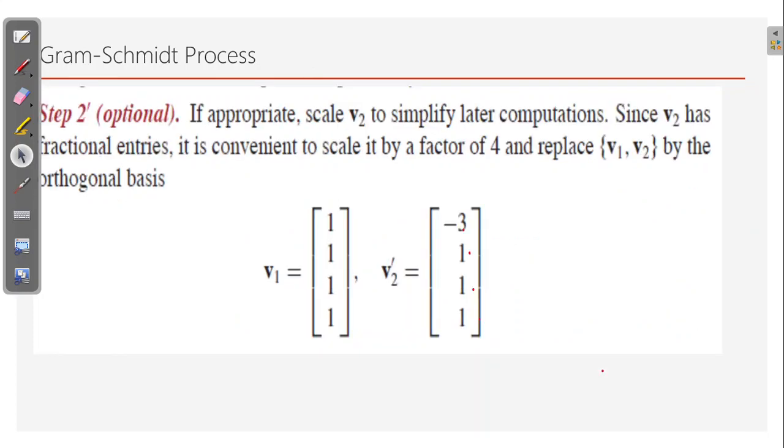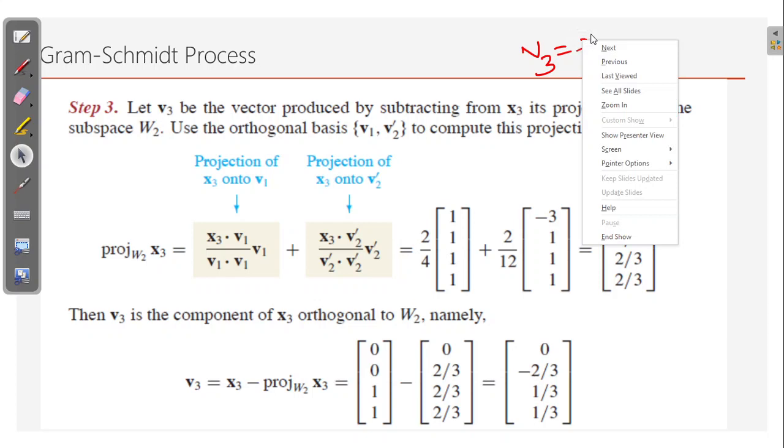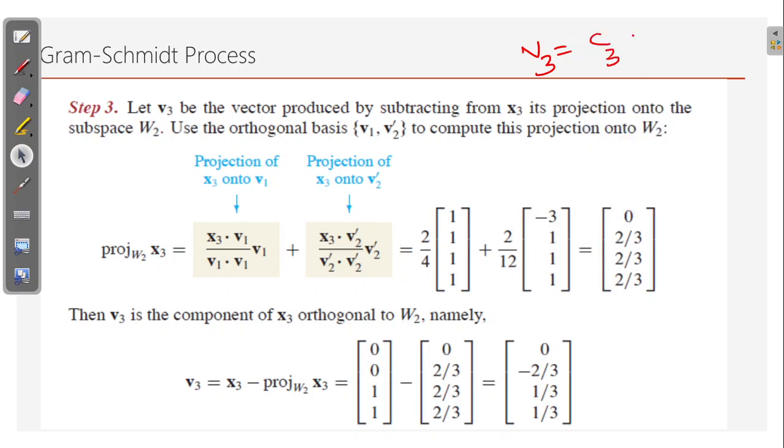And in step 3 we will let the third member of the orthogonal basis, that is V3, be equal to x3 minus the projection of x3 onto W2.